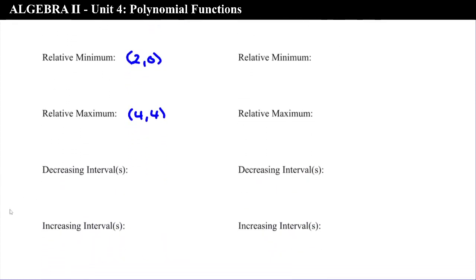But since we know what our relative minimum and maximum are, we can figure out what our decreasing intervals are even without the graph. So our decreasing intervals are going to be from negative infinity to positive 2, union with 4 to infinity. Now remember, x equals 2 and x equals 4 are both turning points. And then where we're not decreasing, we're increasing. And that's from 2 to 4.